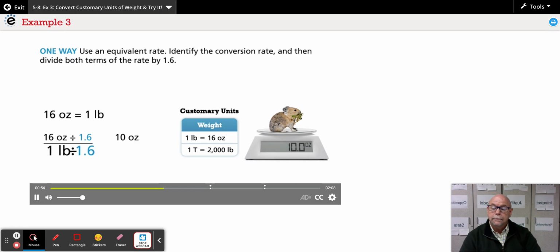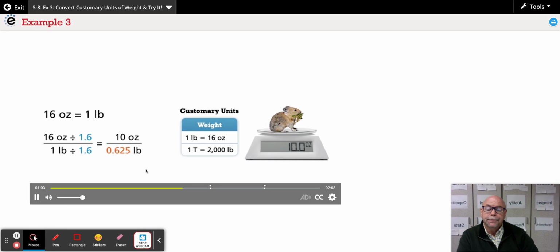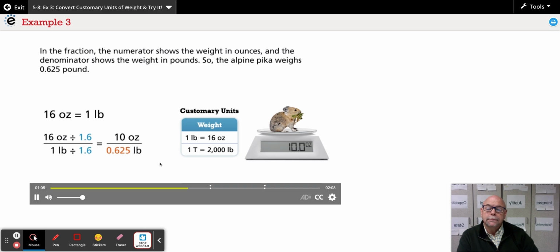Now calculate 1 divided by 1 and 6/10, which is equal to 625 thousandths. In the fraction, the numerator shows the weight in ounces and the denominator shows the weight in pounds. So, the alpine pika weighs 625 thousandths of a pound.